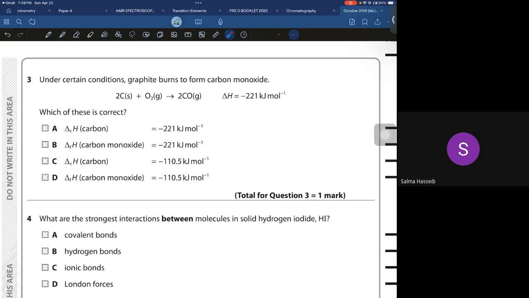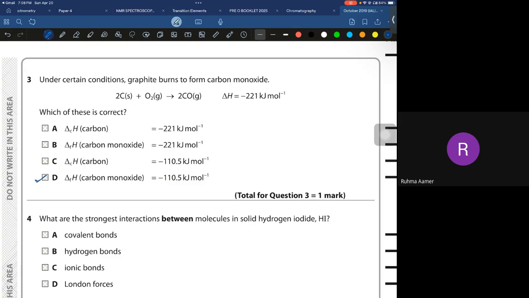Because enthalpy of formation is for the production of 1 mole of product, and that value is for two moles of product. Yes, exactly. So that's why the answer is D, because we always find out the enthalpy change per mole. Per mole means 1 mole.